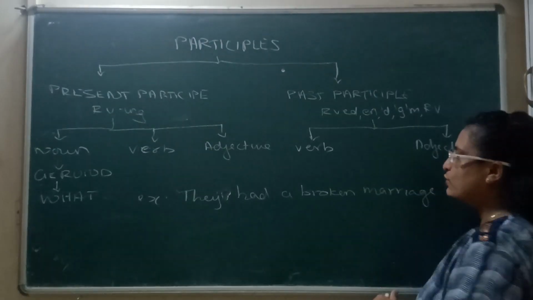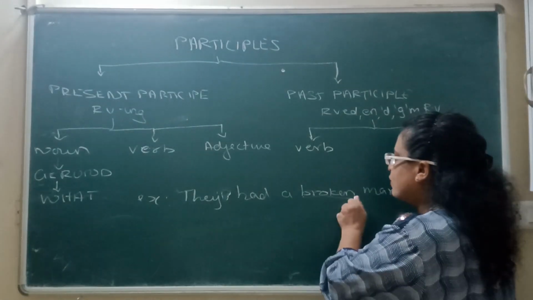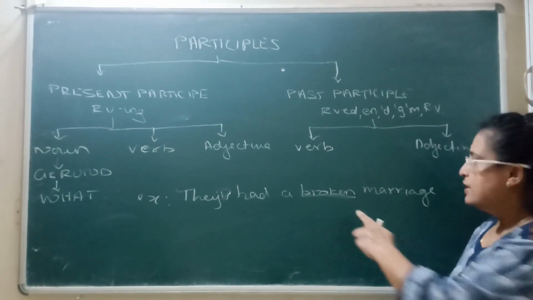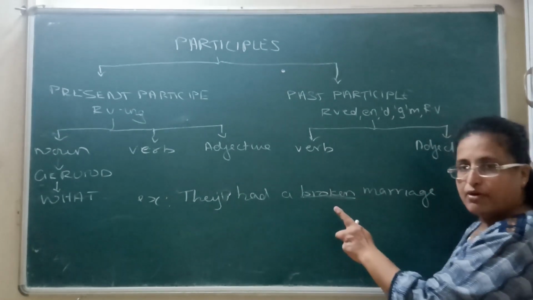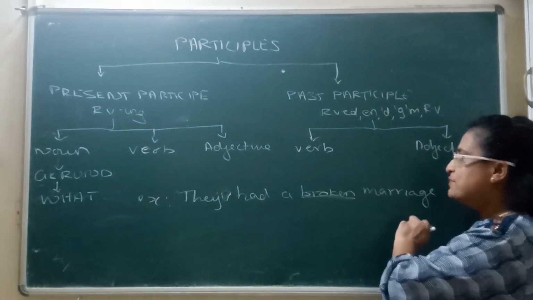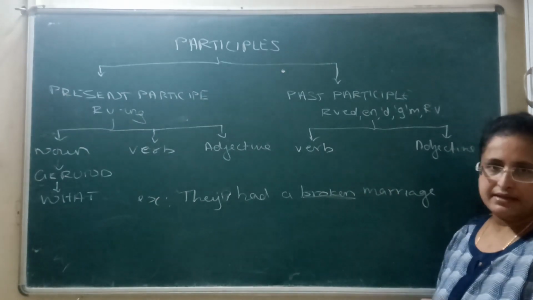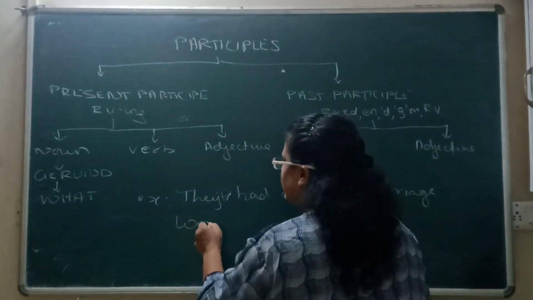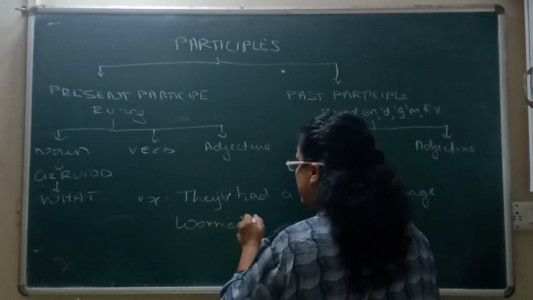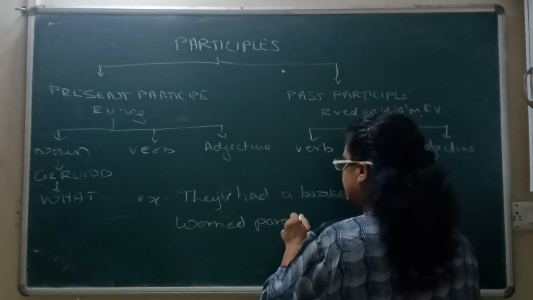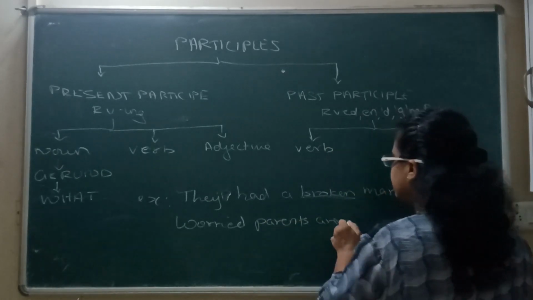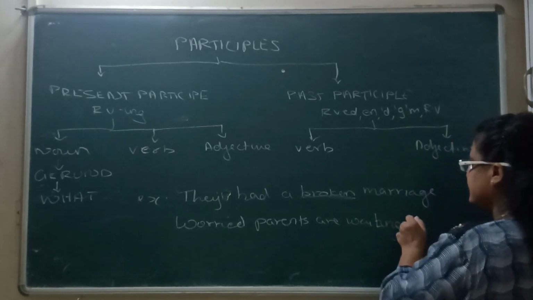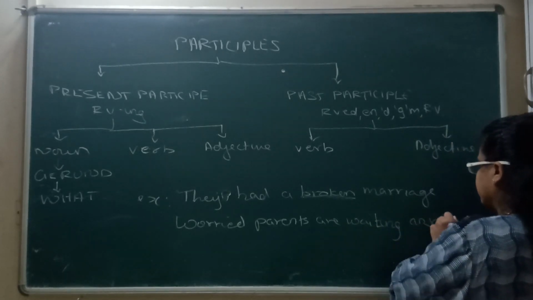See here, they had a broken marriage. See this broken, it's a past participle verb form, but here it's taking the function of an adjective. See, which marriage? Broken marriage. See the next example. Worried parents are waiting anxiously.